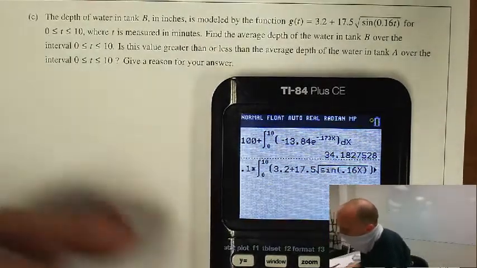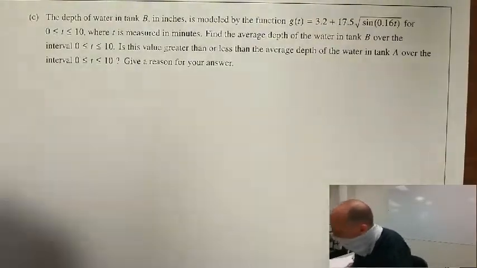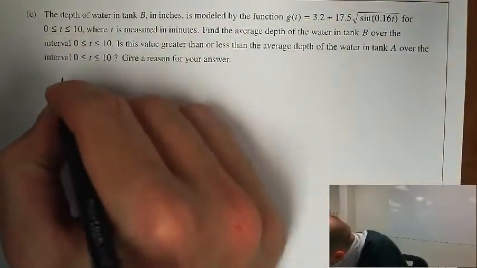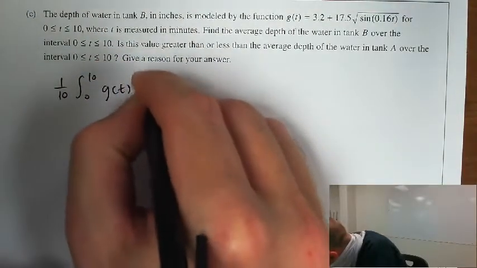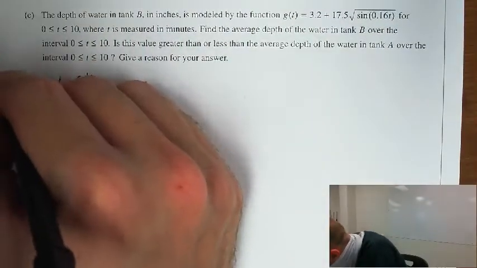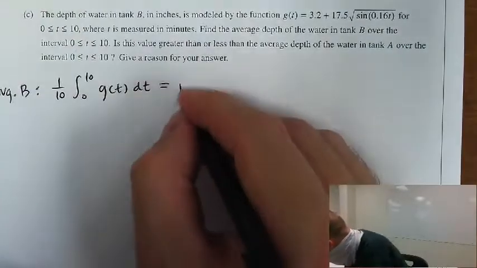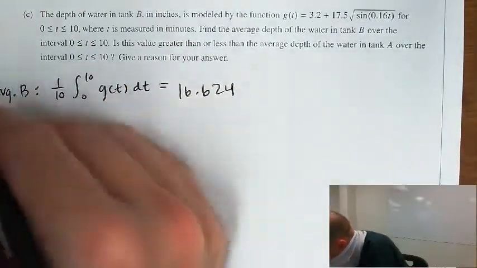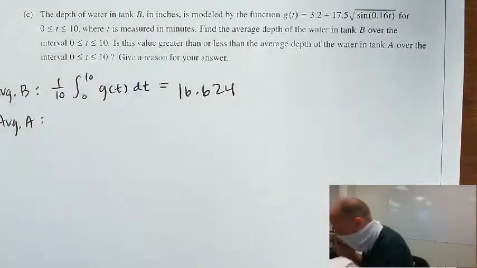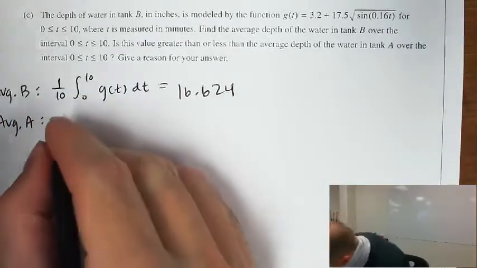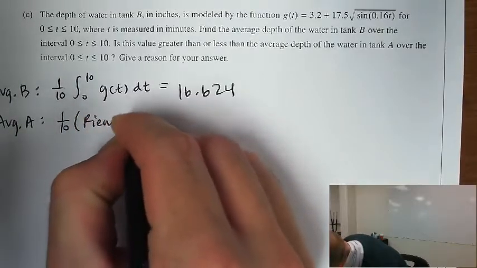All right. The average value, which I'm going to let it think for a while. Okay, so 1/10 of the integral from 0 to 10 of g of t dt. So average for B, that's equal to 16.624.